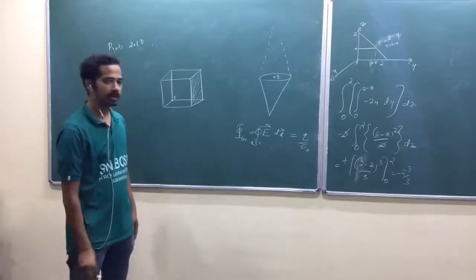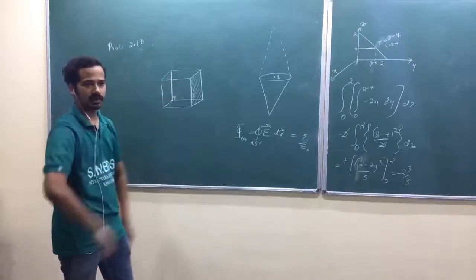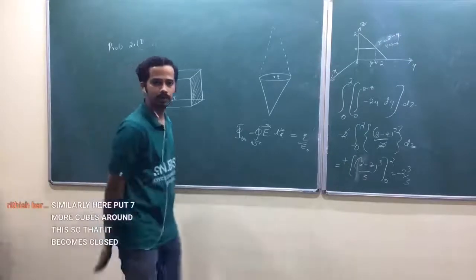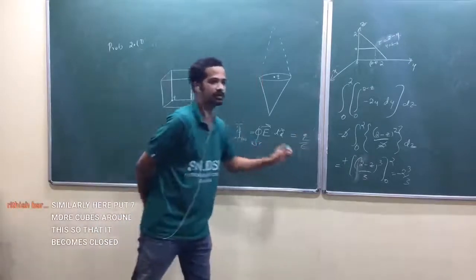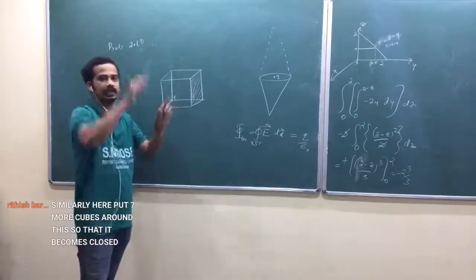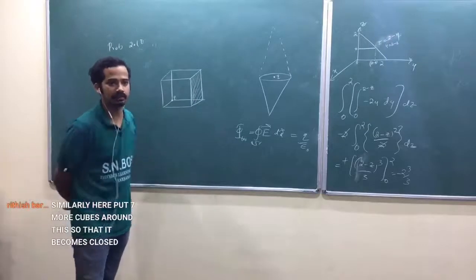But we can reshape the surface, make it any shape. The only thing that matters is how many net charges are inside. Why? Because no electric fields will be generated at the edge. That was the idea that I have taken.